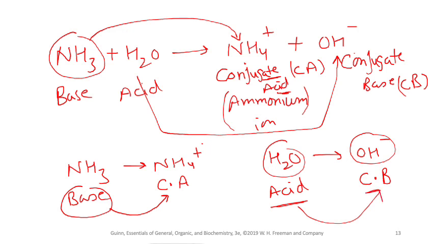So what's the special thing you are seeing over here? Let's start with ammonia. The ammonia molecule acts as a base, and during the reaction it is converted into a conjugate acid, so it has an extra hydrogen. Whenever any molecule acts as a conjugate acid, you always add an extra hydrogen to the original molecule, in this case ammonia. So a conjugate acid always has an extra hydrogen or extra proton compared to the parent molecule.